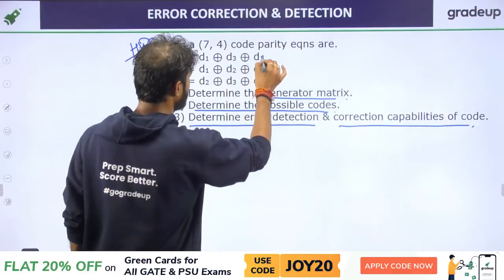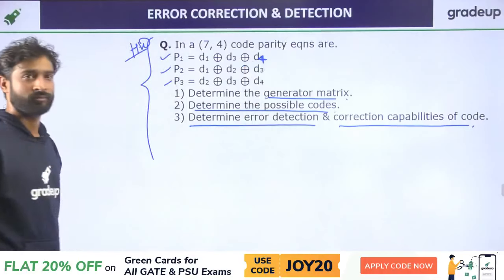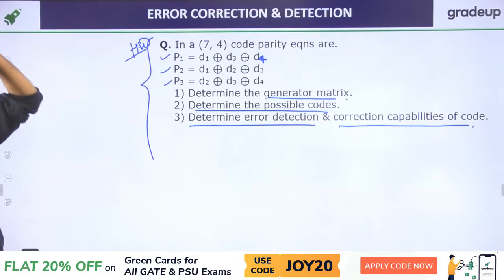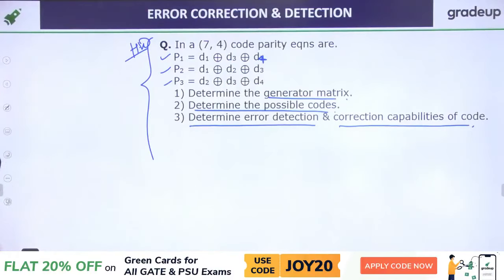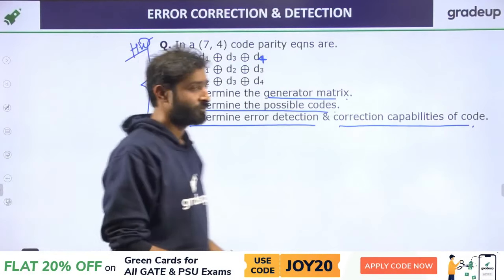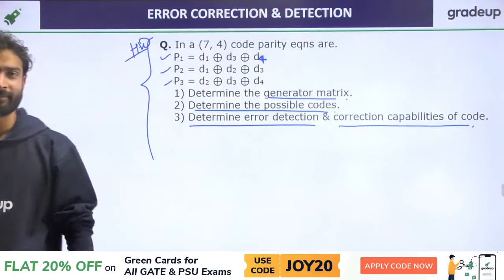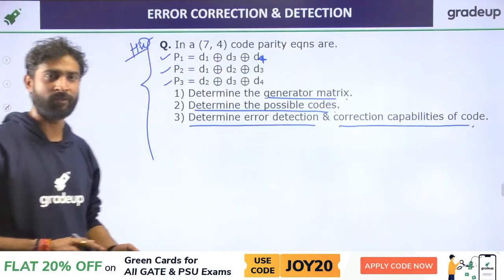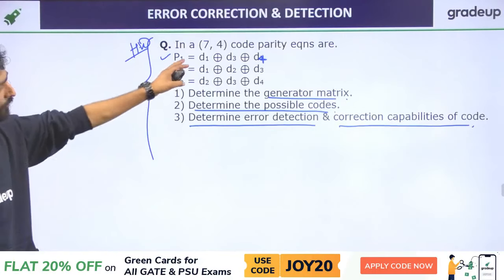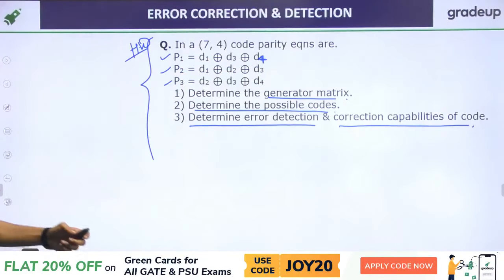For P1, D1 XOR D3 XOR D4, and the other one is the same. Just write it down, everyone. I am correcting it twice. It is D4.